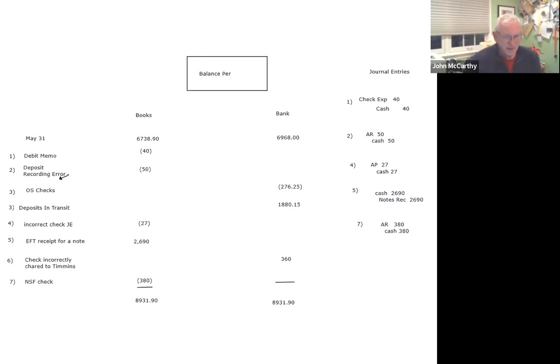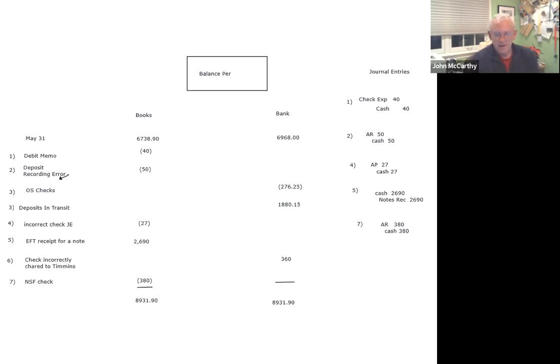Easy peasy, right? Number two, we had a recording error. We had deposited $883.15 in the bank, but the journal entry we made was for $933.15. So we recorded too much cash, $50 too much cash, presumably, and reduced AR.